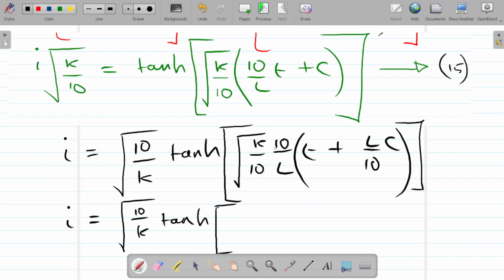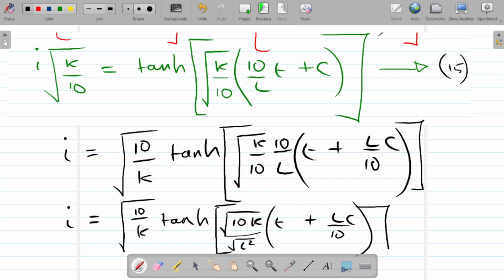Well, how can we simplify this? Well, we've got a root 10 on the bottom and a 10 on the top. So that would become square root of 10k, right? Over, well, we could have it as the square root of 10k over the square root of L squared times t plus L over 10 c, right?